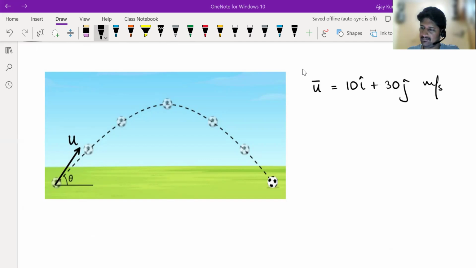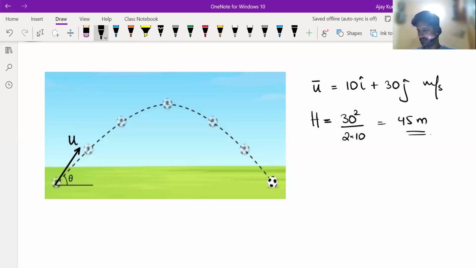Sir, 45 meters. Tell the formula. How is h max calculated? Sir, uy square by 2g. Correct. So you get h max is equal to uy square, the square of y component of initial velocity, by 2g. 900 by 20 becomes 45 meters. Okay, cool.